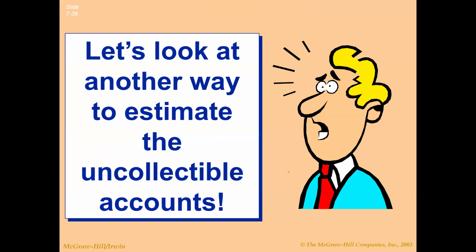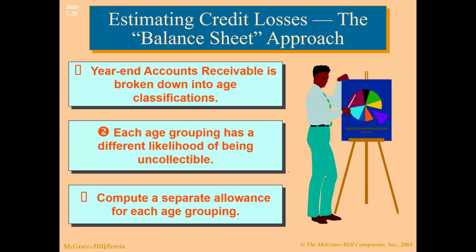Now let's look at another way to estimate the uncollectible accounts. We have another way as well, and that is called the balance sheet approach. So, estimating credit losses through the balance sheet approach. Sometimes it is mentioned in the question how you can estimate your credit losses while using the balance sheet approach.